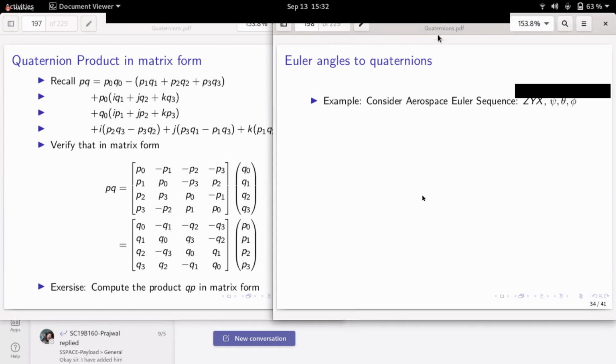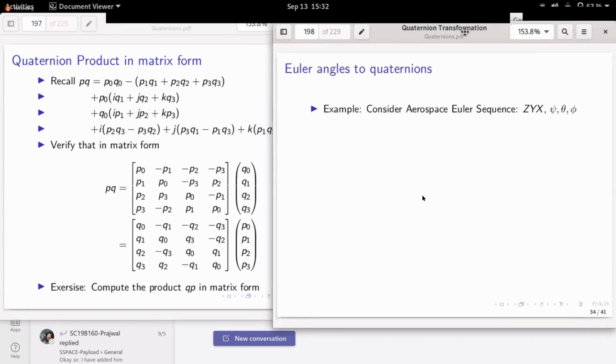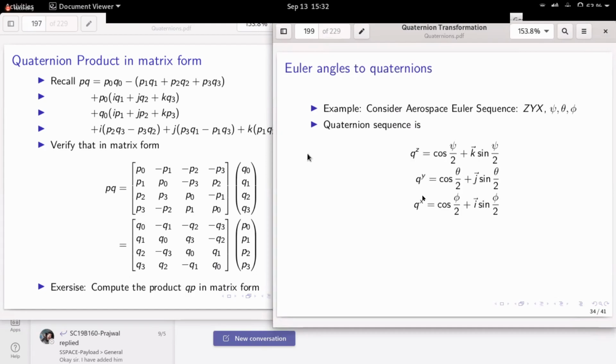Suppose you take the Euler angle axis sequence, you have 3 sequences of rotation. So in quaternion also you can multiply that sequence. Each of the rotations is expressed by the appropriate quaternion: cos psi by 2 plus k sin psi by 2, cos theta by 2 plus j sin theta by 2.